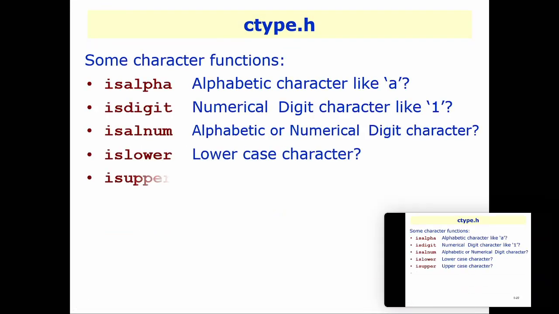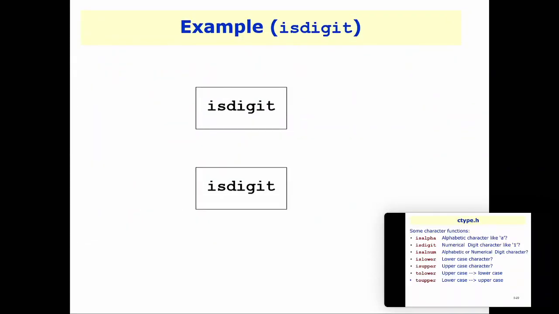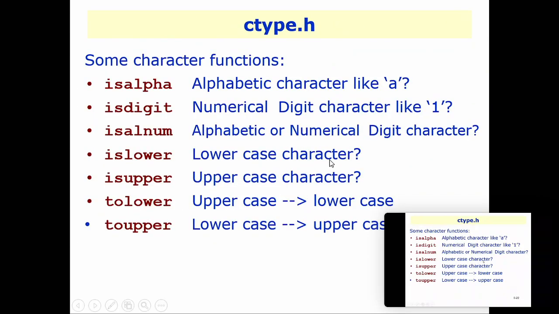Okay, ctype. It handles characters. Most functions in the ctype header check the status or character of the input. So most of the function names in ctype are like asking.